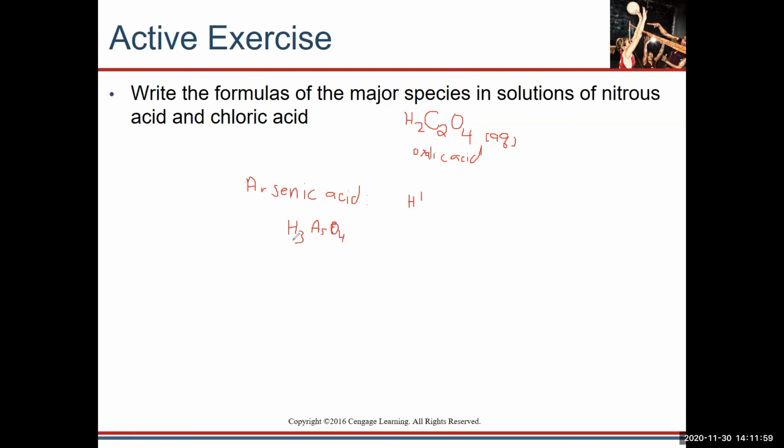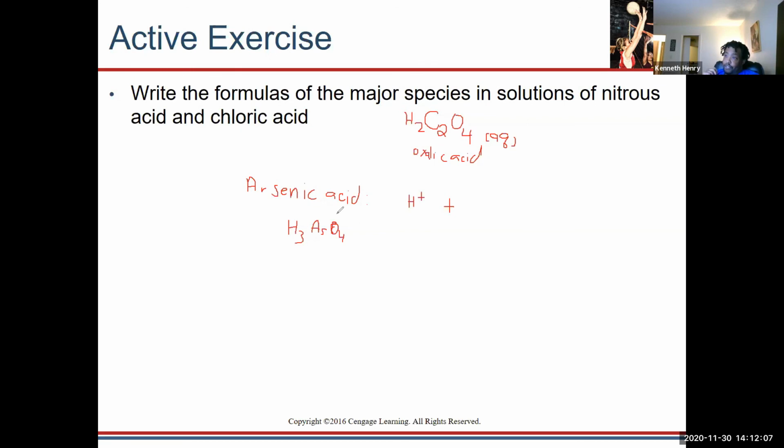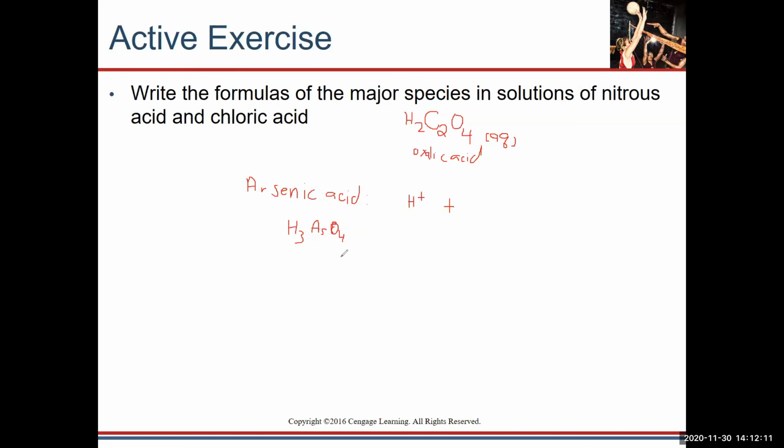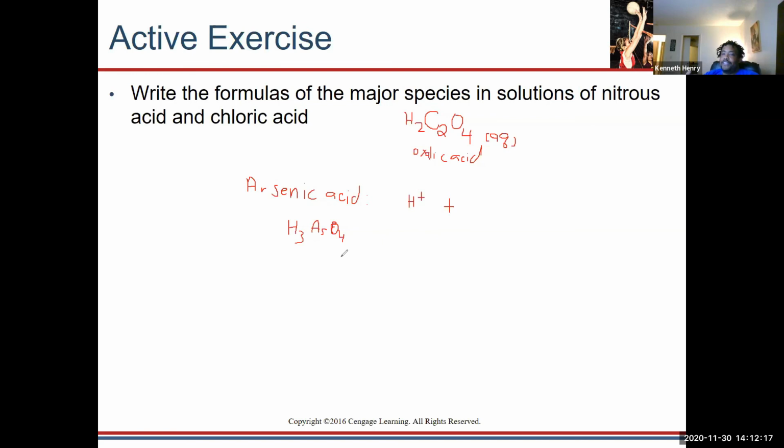Hydrogen plus oxygen 2 negative. It's going to break down to oxygen 2 negative. The charge? Are you sure? Now what happens?